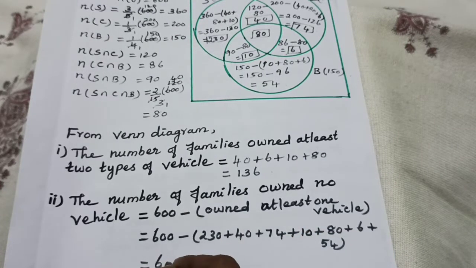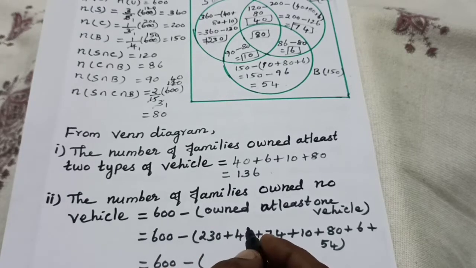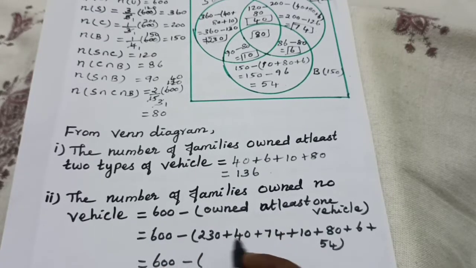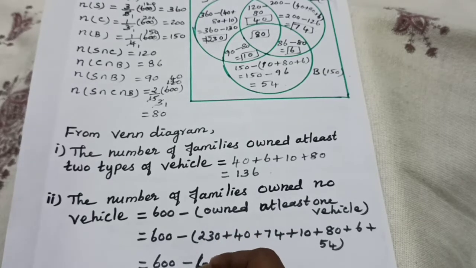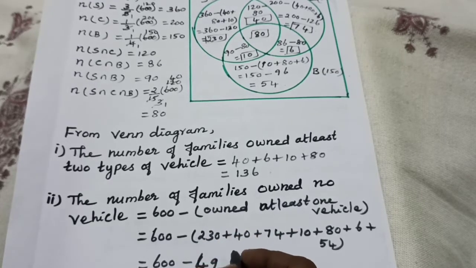Okay, then equal to 600 minus of this one we have to add. Okay, 240, adding this we will get the answer 494. Okay, 494 we will get.